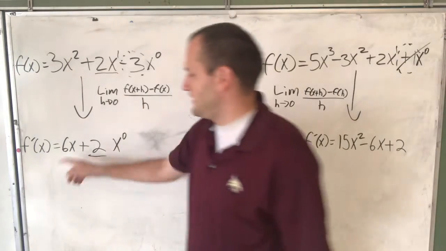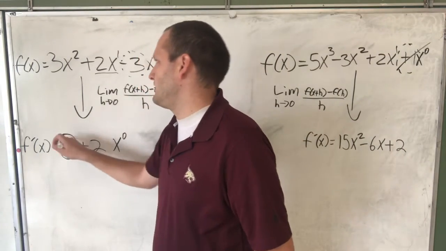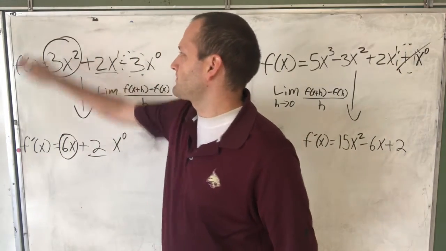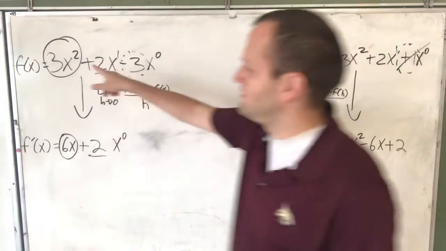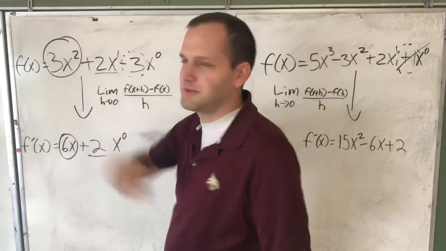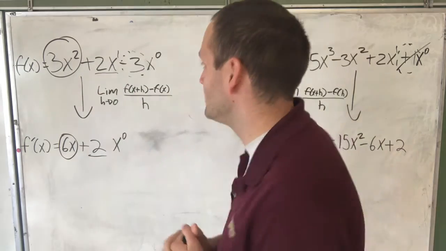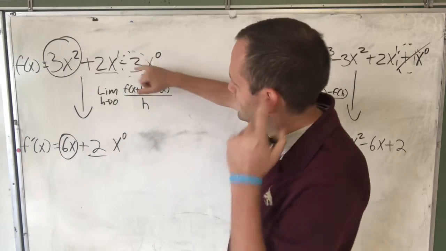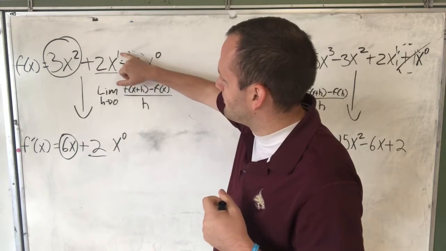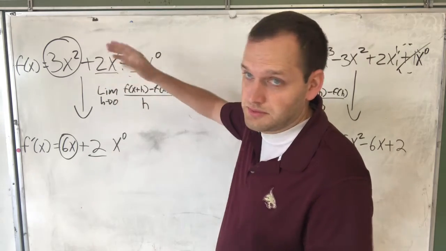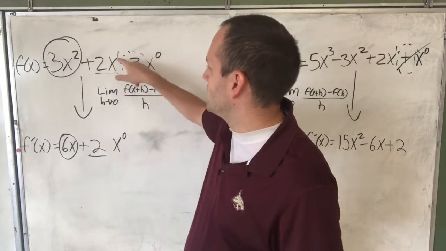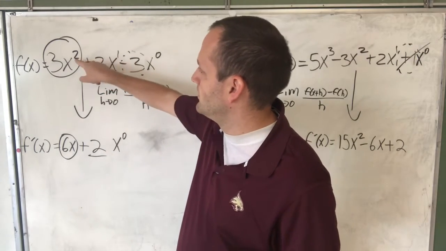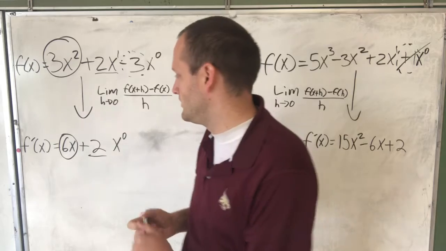Finally, we have this 6x. Where did the 6x come from? Well, what's 2 times 3? It's 6. Now we noticed here there was a 0, and there was a 1. When we got rid of the x's, 1 became 0. So if we're getting 1 less, what's 1 less than 2? It'd be 1.